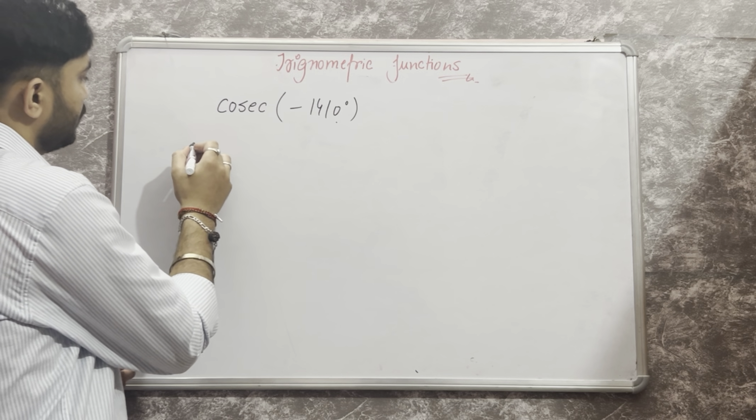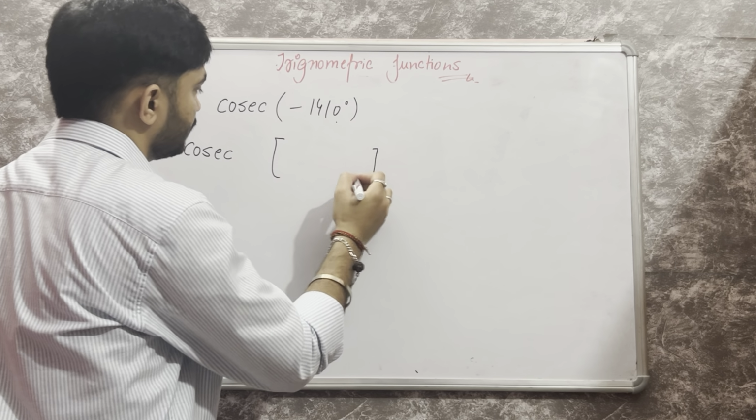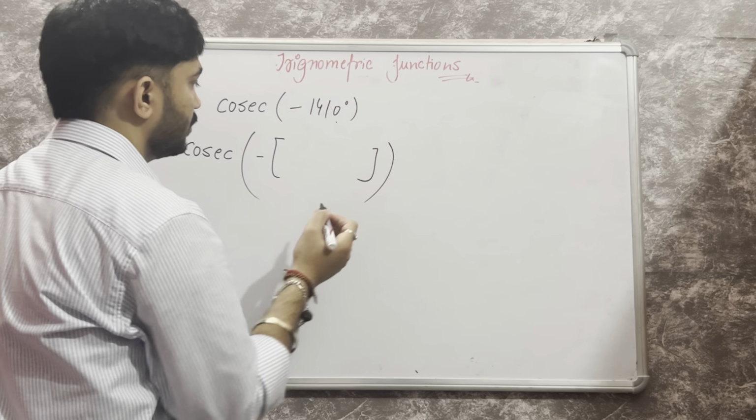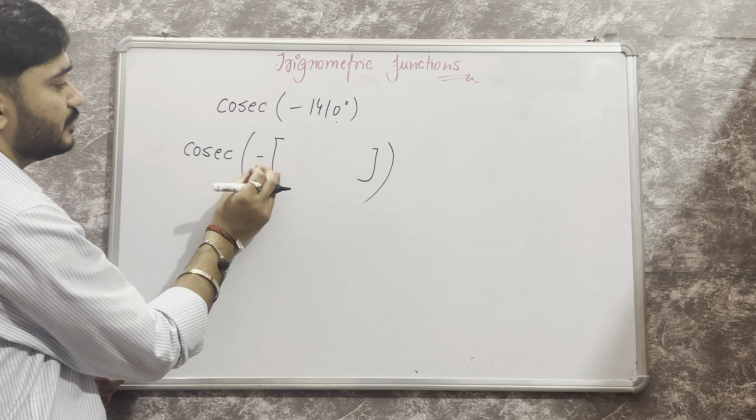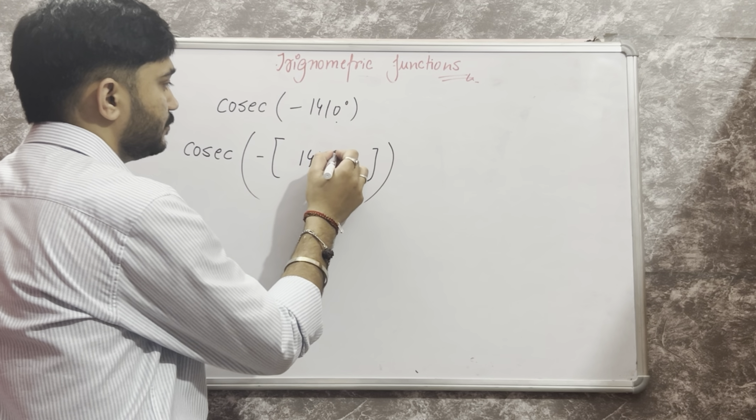Firstly, don't be afraid of this negative sign. Take this negative sign outside the bracket and write 1410 degree.